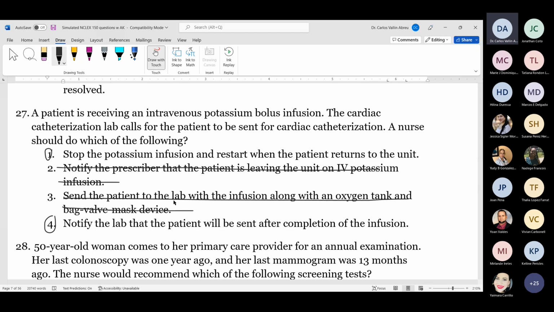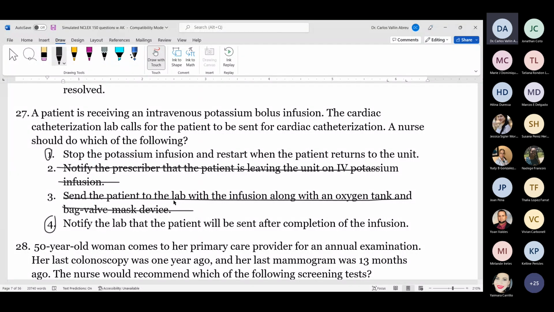So why is the patient receiving a bolus infusion of potassium? Because the potassium is low. Is there any risk in stopping the infusion of potassium before it is finished, before the hypokalemia is corrected, to have a surgery or a catheterization?